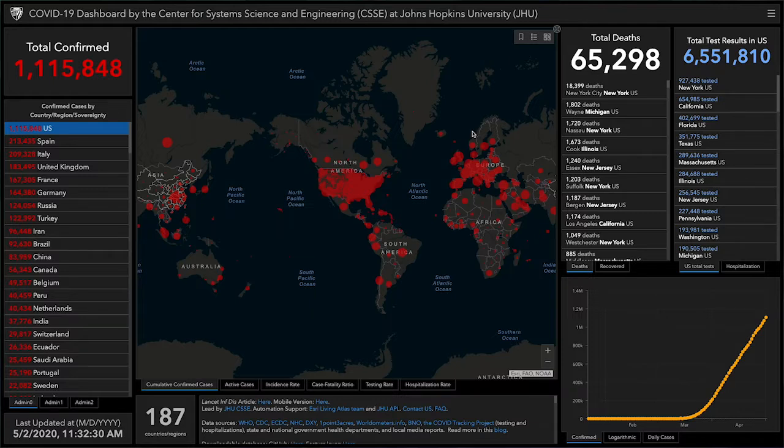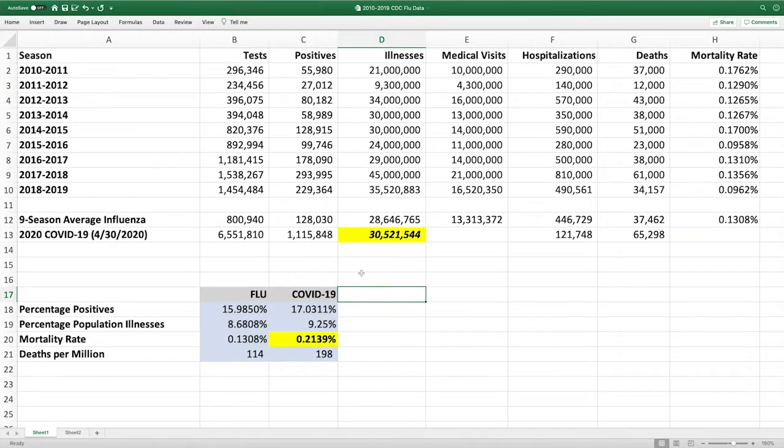And if we plug that into our spreadsheet that I showed you in my first video, all things considered equal, that puts our mortality rate today with COVID at 0.2139. So well within the range that we talked about from the Stanford study. But here's what's changed. So let's go look at the CDC website.